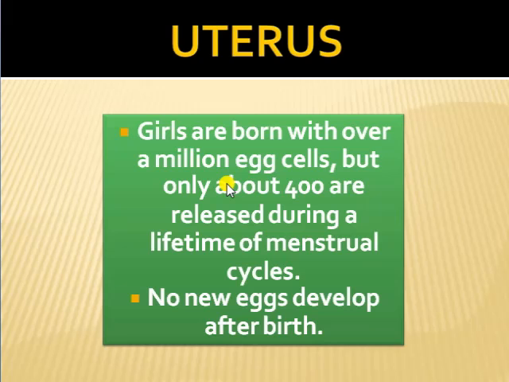The point here is that after birth, one million egg cells are present in the ovary, and only 400 eggs are released.